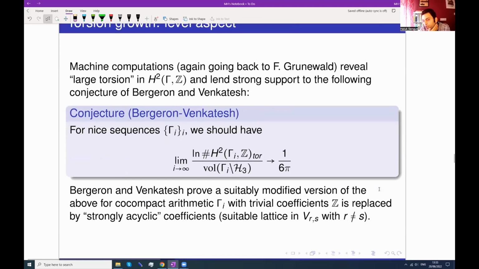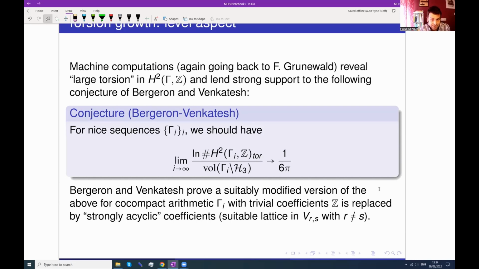But anyway, explicit computations going back to the 70s, to Fritz Grunewald, actually already revealed some large torsion, maybe 5 torsion, 7 torsion, that you don't see in the classical modular forms. In the modular forms for classical modular groups, there is 2 or 3 torsion at best, which comes from the finite order elements of order 2 or 3. But here you see 5 torsion, 7 torsion in the homology or second cohomology, and Bianchi groups only have 2 or 3 torsion.